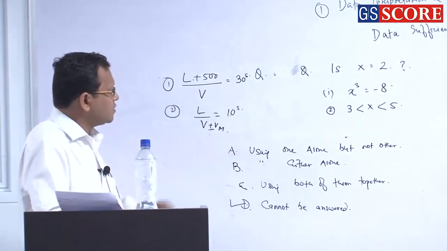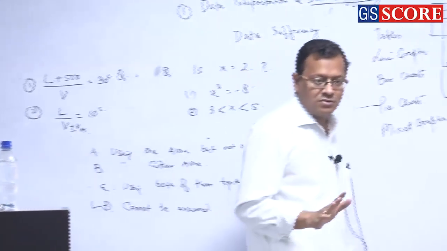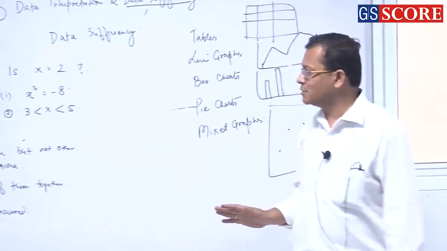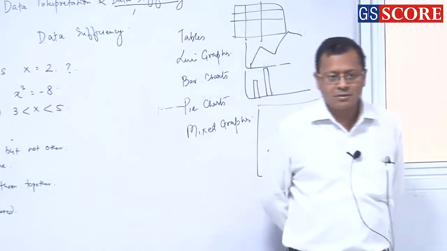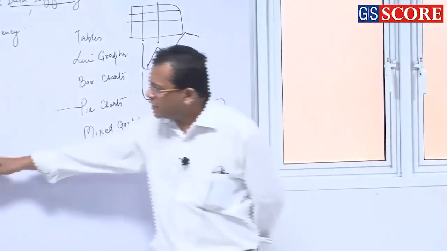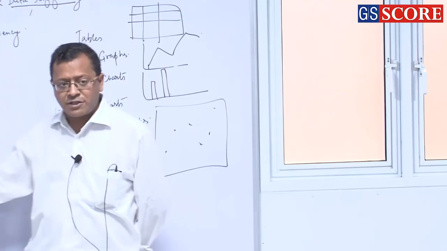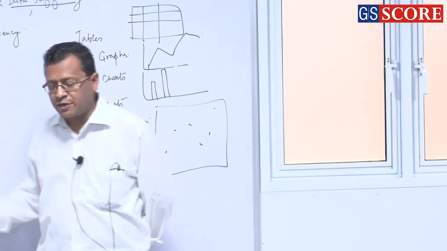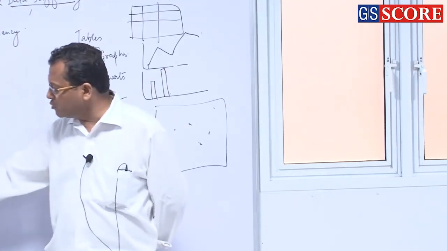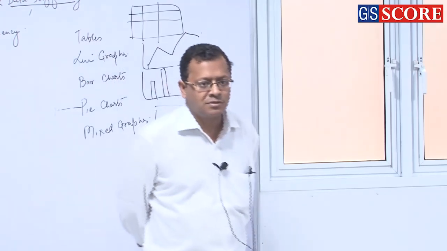And the options on this one. Is x, my question to you is the value of x 2? And the options are something like this. Question can be answered using one alone but not other. Question can be answered using either statement alone. Question can be answered using both of them together. We cannot determine the answer to the question.